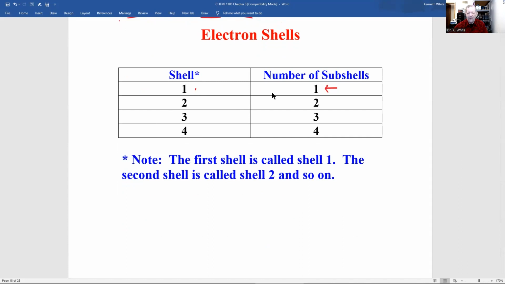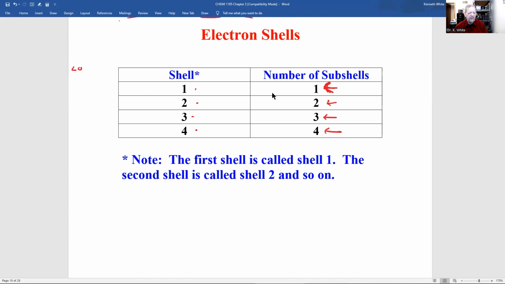Shell 2 has two subshells. Shell 3 has three subshells, and shell 4 has four subshells.